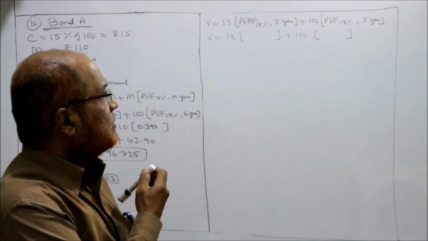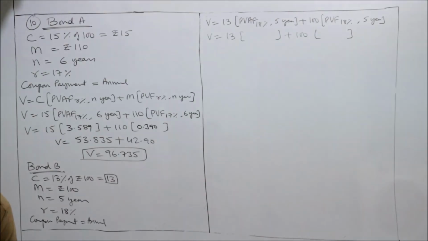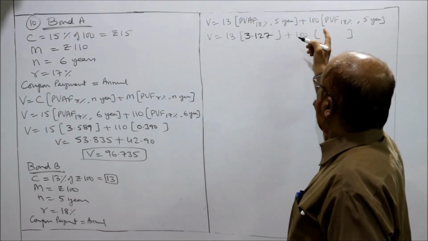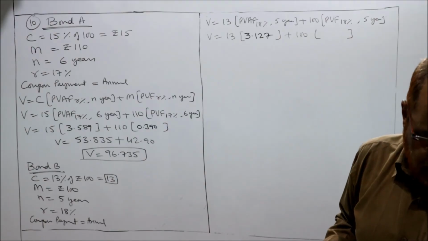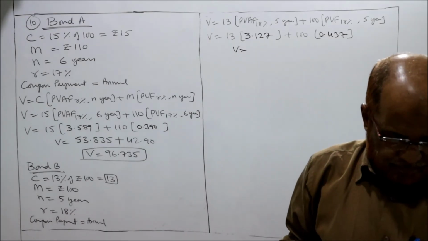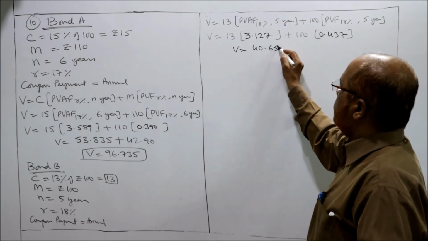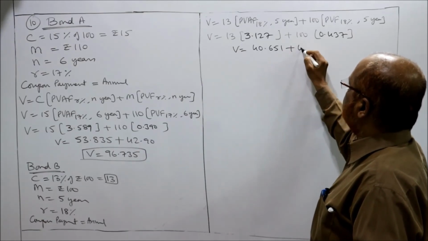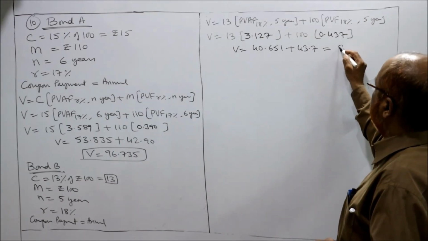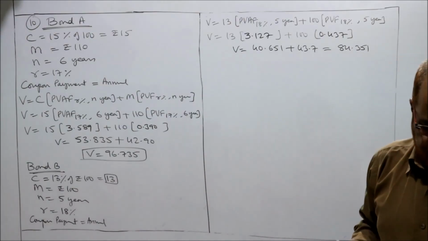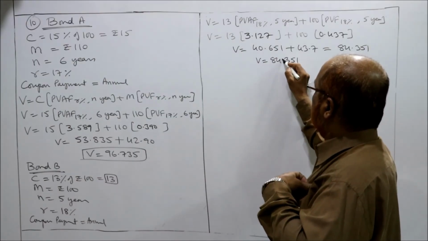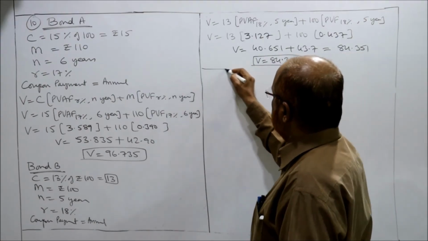Now we substitute the values. 18% 5 years is 3.127 and 18% 5 years 0.437. 40.651 plus 43.7 is equal to 84.351. This is for bond B.